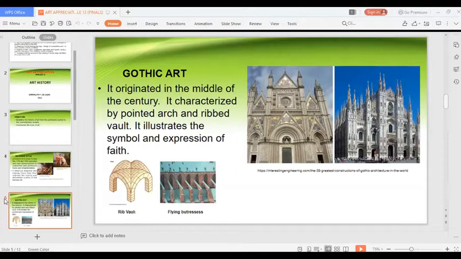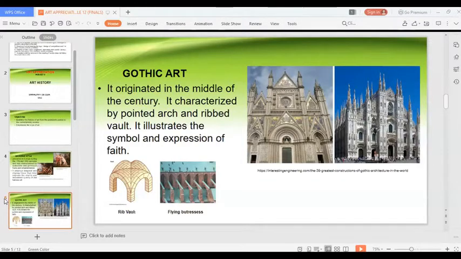So, meaning it is usually characterized as a style of masonry building. And the typical features of their architectural design, we have here the rib vault. Rib vault means the architecture used to cover a large interior space in a building.